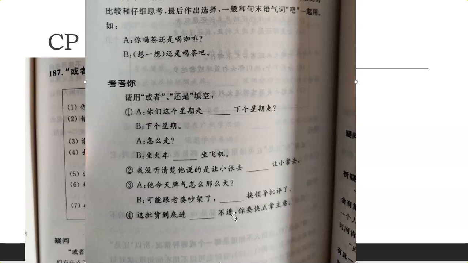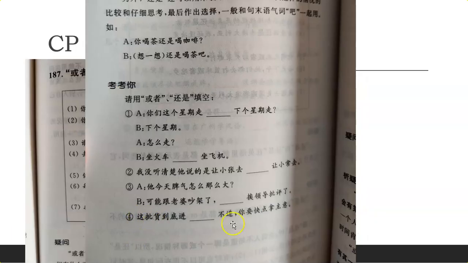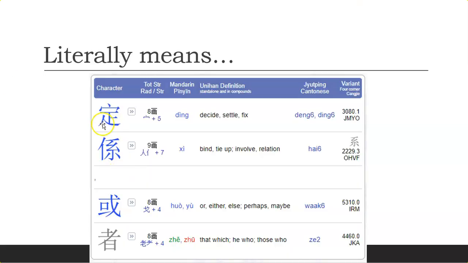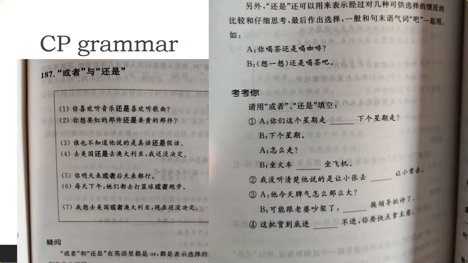As we mentioned, 定係 is when you're not certain, and 或者 is when you're certain and you know the possibilities. Here you need to figure it out as soon as possible, so you don't know the situation and things are not that confirmed. So this one is 定係.